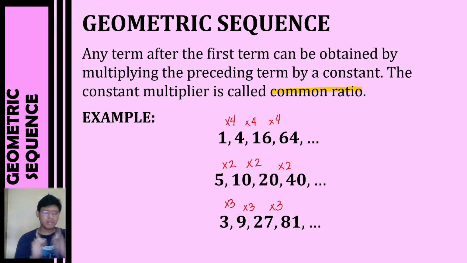Now, what if we're asked to get the nth term in this geometric sequence? What formula are we going to use? Are we going to multiply by the common ratio until we reach the nth term? No, we will use a formula.